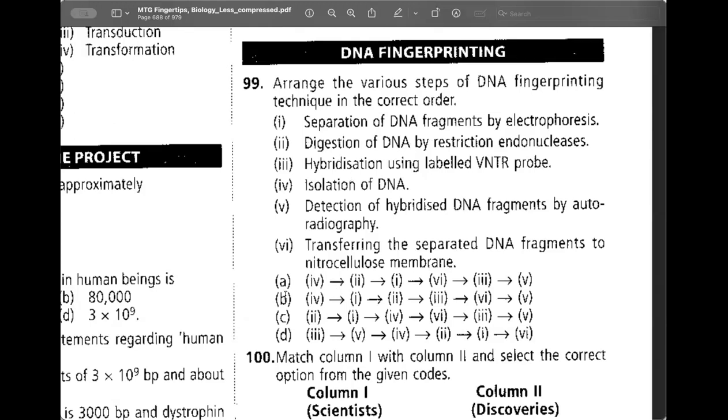Maybe that's why you chose your option, because the difference was right here at the second step. So option A is correct: you isolate, then digest, then separate. So 4, 2, 1, and then 6, 3, 5: once you separate, you transfer the separated DNA to a membrane, you hybridize using the probe that you have made, and finally you detect the hybridized DNA.